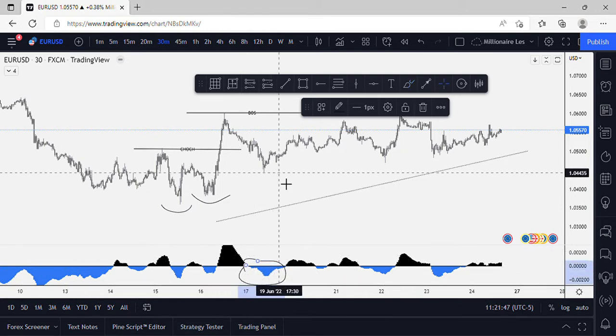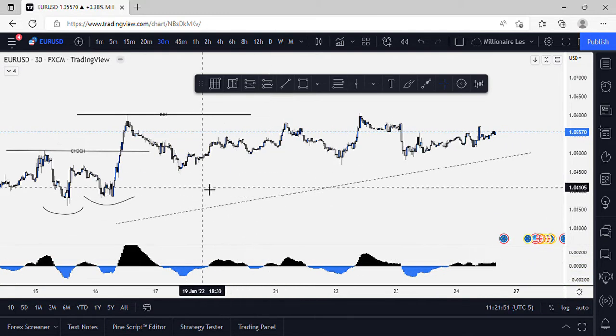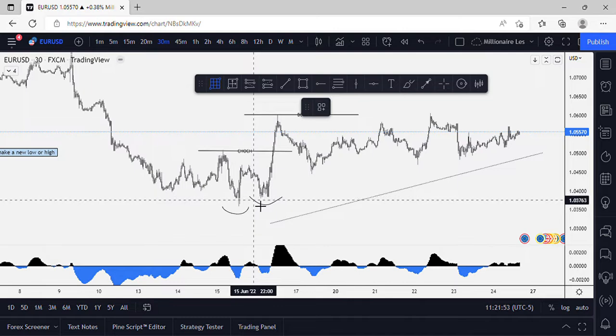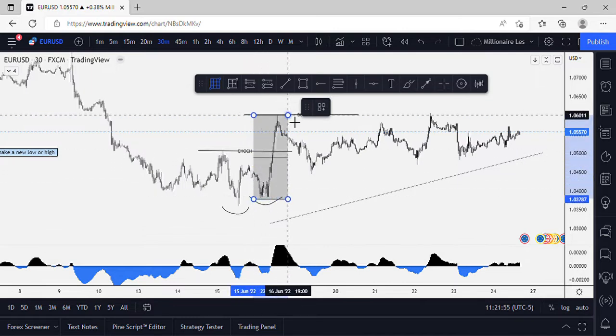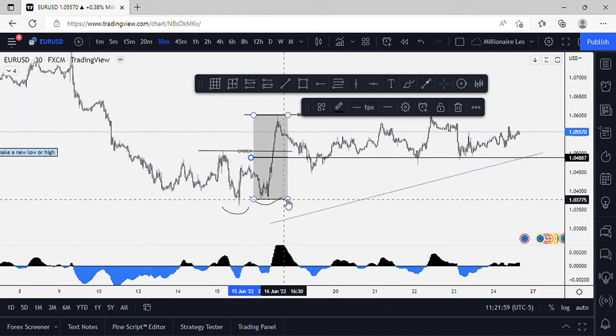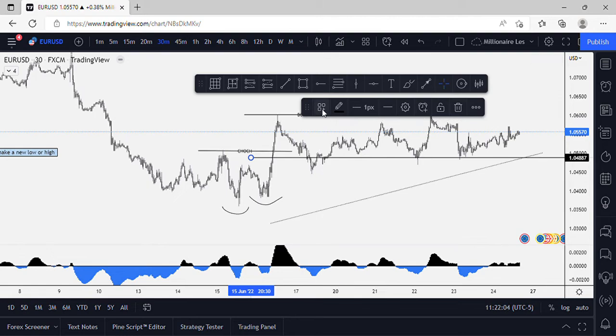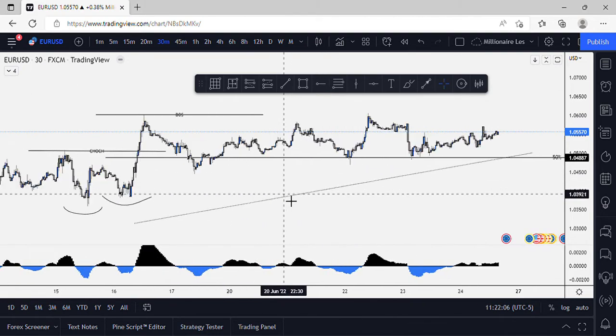Once price dips below the zero line, I take out my modified fib, mark out the 50%, and any order blocks below the 50% line are all fair game.